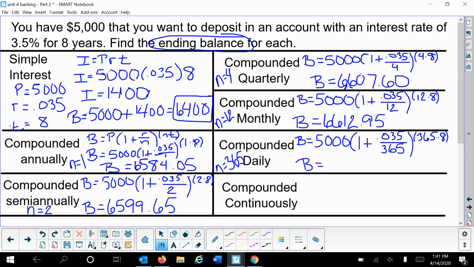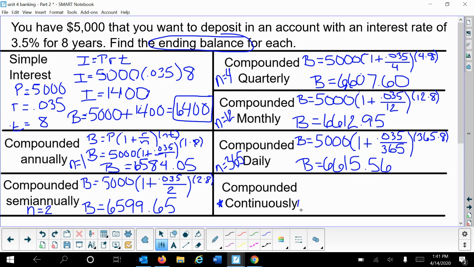And so when I type this one in, I get $6,615.56.